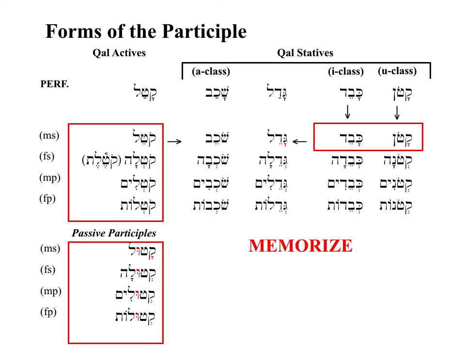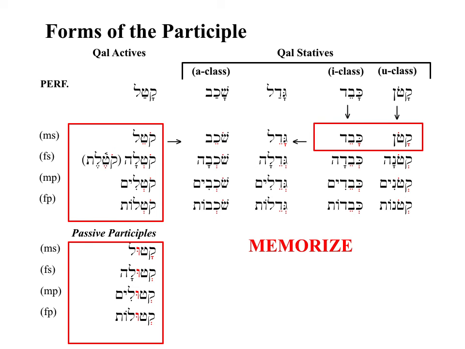Now, if you understand vowel reductions and you understand how the words are formed in each of these paradigms to the left, you'll notice that in the active, the near open syllable is reducing just like you would expect in a verb.